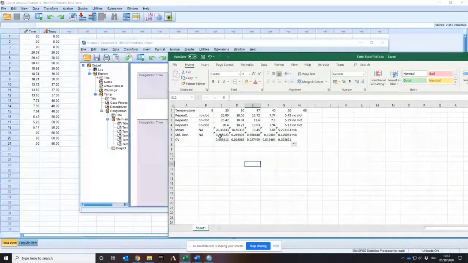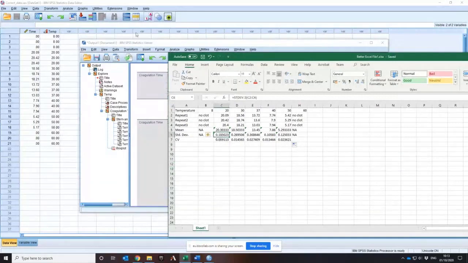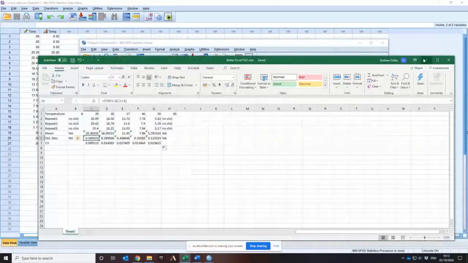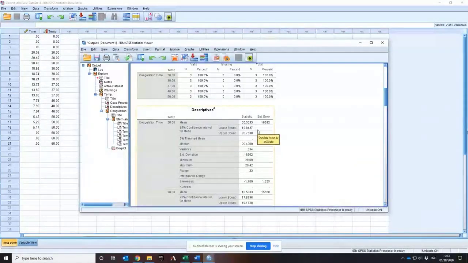Standard deviation is 0.18502. So SPSS has given me exactly the same thing as I did before, but I didn't need to know equals average. I didn't need to type in any of those formulae. I didn't need to know where the cells were. I didn't need to know which one of the standard deviations I needed to do.